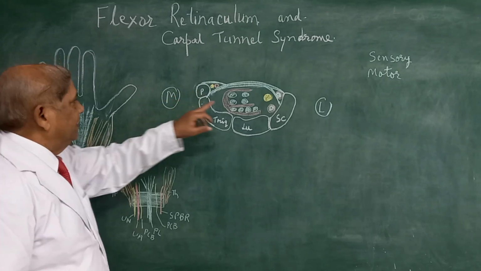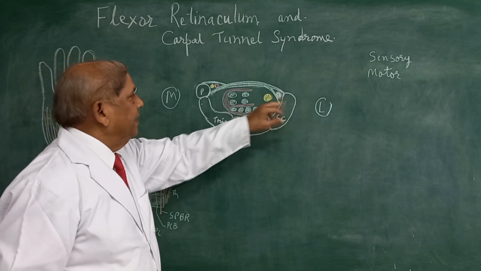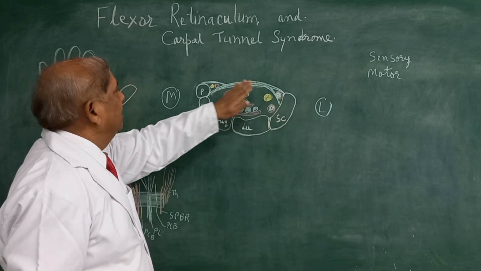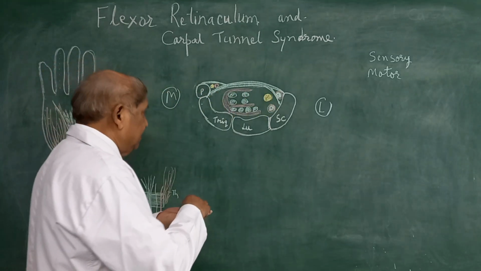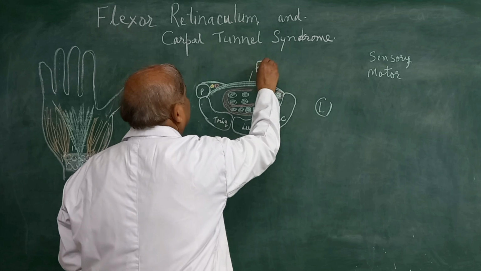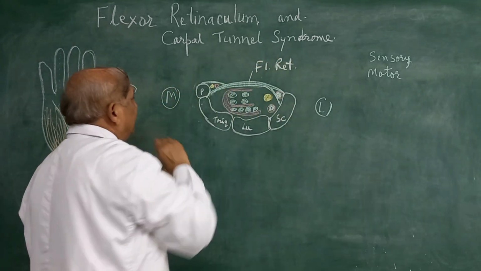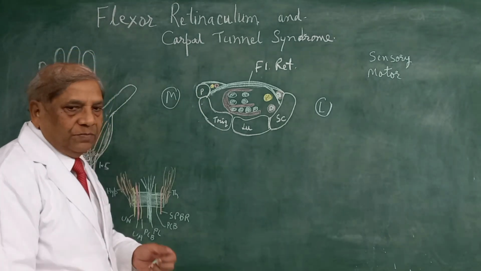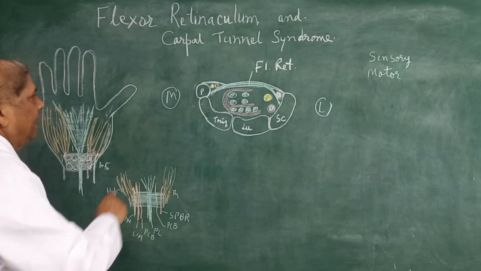This fibrous band is called the flexor retinaculum. It extends laterally from the scaphoid and trapezium to the medial side, where it is attached to the pisiform and to the hook of the hamate bone.